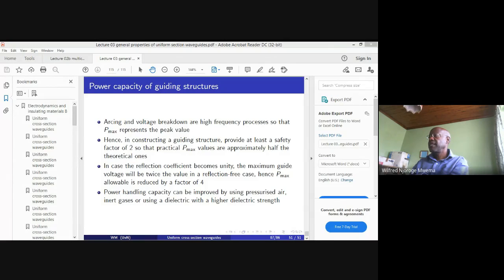So any other question? The thing I have to point out is that electrodynamics is not different from circuit theory. The only thing is that we are dealing with circuit theory at points.